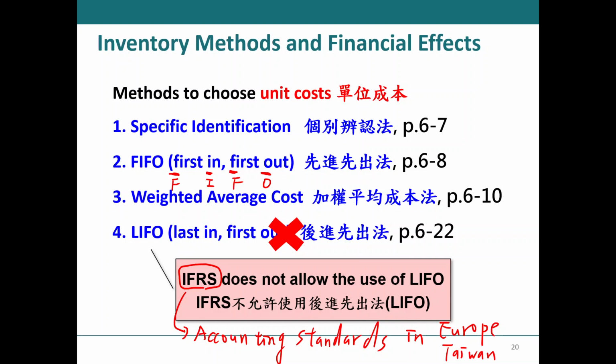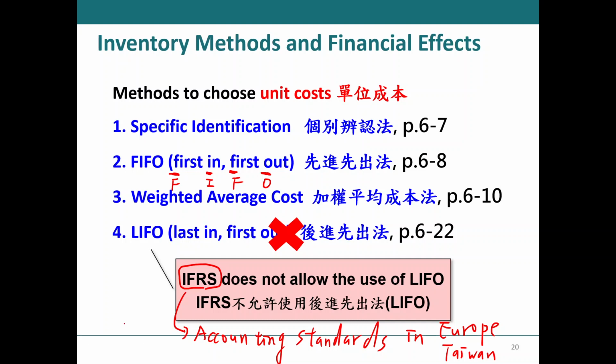Okay, so for companies in Europe, companies in Taiwan, also other countries, we are not allowed to use the last one, LIFO. But if you are a company in the US, you are allowed to use it.